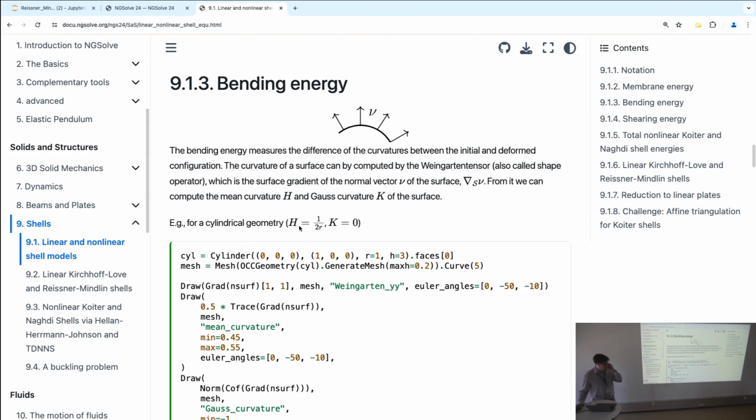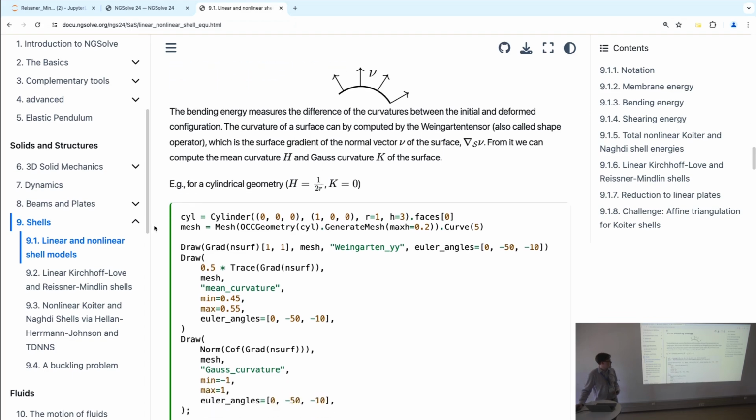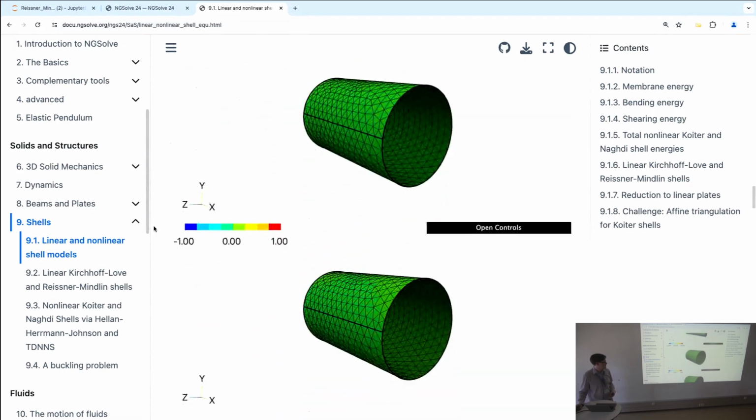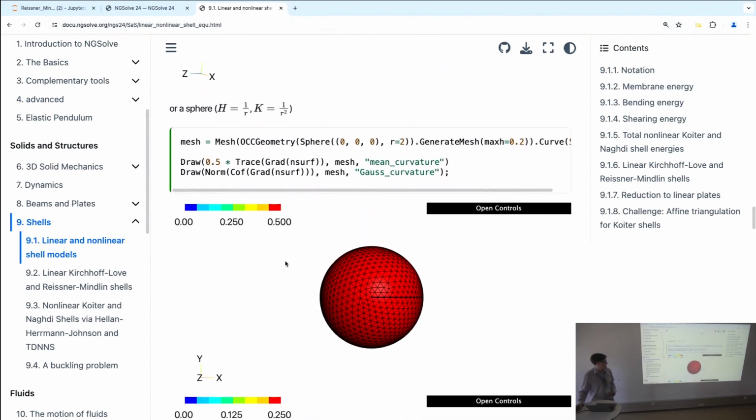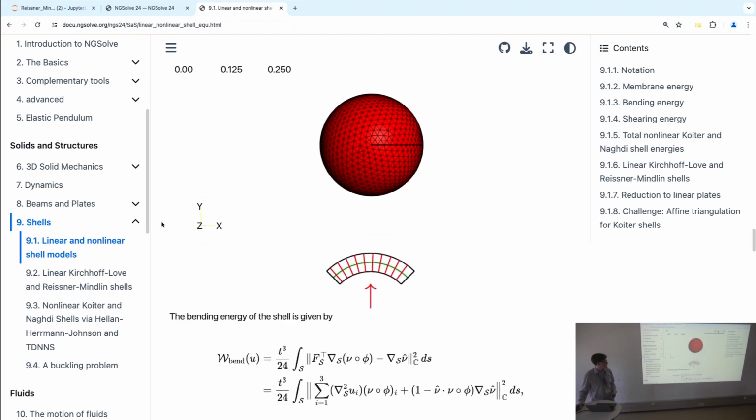So the Gaussian curvature is the product of the two eigenvalues of the Weingarten tensor, and the mean curvature is the trace of the Weingarten tensor, so the sum of the eigenvalues. And for a sphere, for example, the mean curvature is 1 over the radius, and the Gaussian curvature is 1 over radius squared.